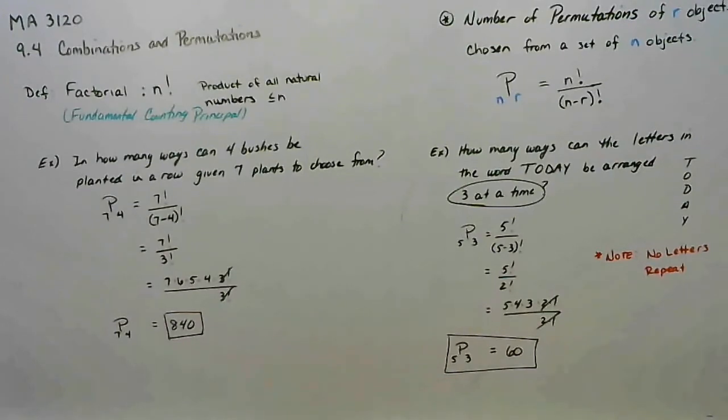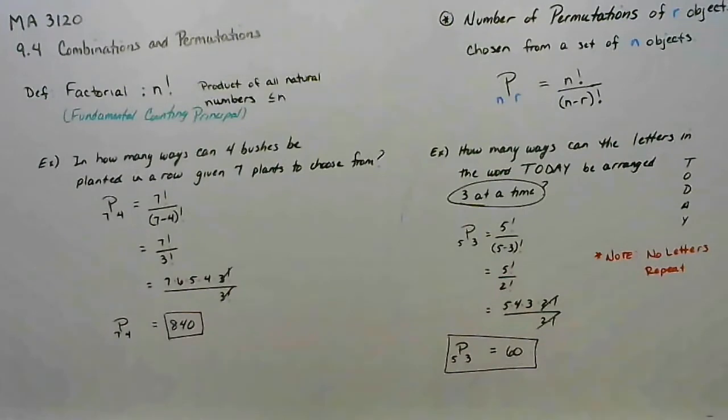Okay. So we're going to do the same type of example, and I think I can do it with an example instead of writing it all out. We're going to do an example of arranging letters again, but we're going to have repeat letters this time.